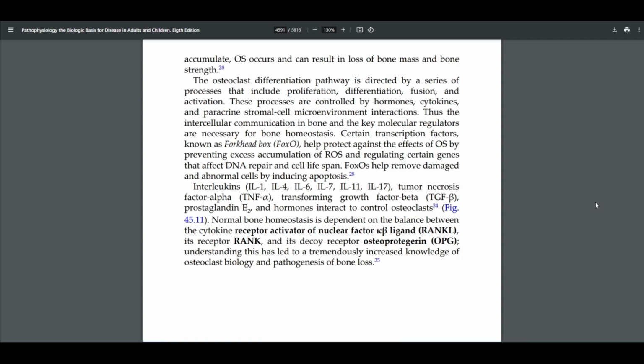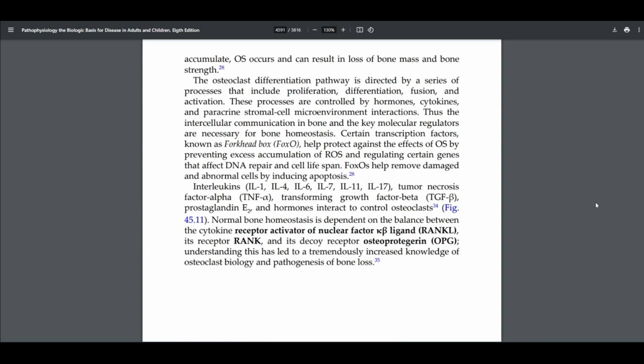Certain transcription factors, known as the forkhead box, help protect against the effects of OS by preventing excessive accumulation of ROS and regulating certain genes that affect DNA repair and cell lifespan. FOXOs help remove damaged and abnormal cells by inducing apoptosis.